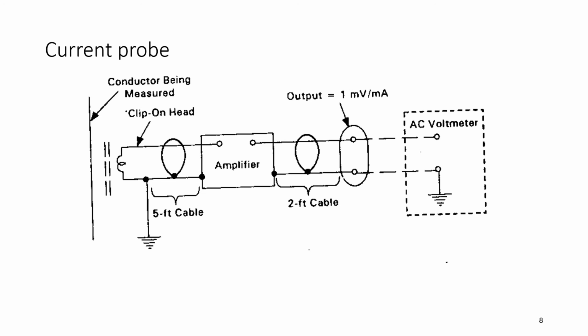The figure shows the conductor in which the current is flowing, the clip-on head which you clip around the conductor, the amplifier, and the output voltage, which will be given to the voltmeter and shown as the current. A magnetic core with a removable piece is used as a coupling element for the current probe.